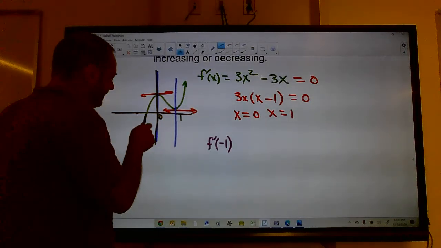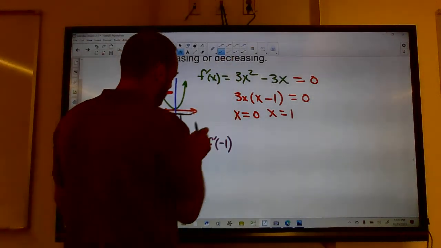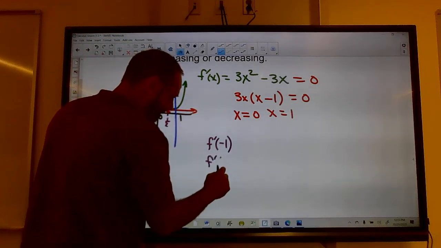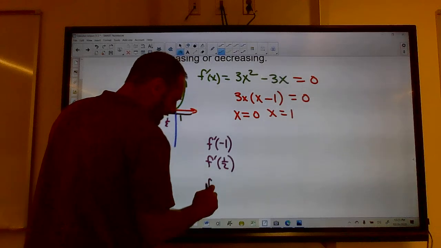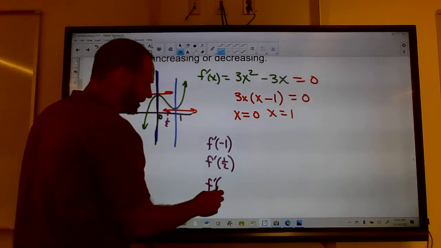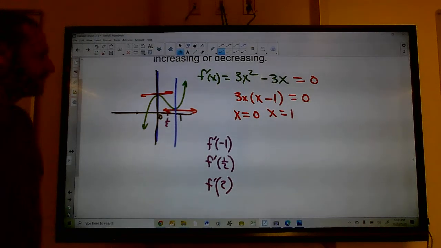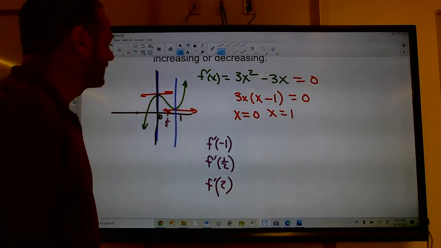So I picked a point out here, -1. I'm going to pick a point in between here. I don't know, 1/2 would probably be the easiest one, f prime of 1/2. And then f prime of something bigger than 1, something easy like 2. And I'm going to find out what the slopes are there.